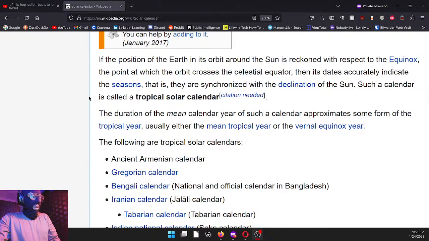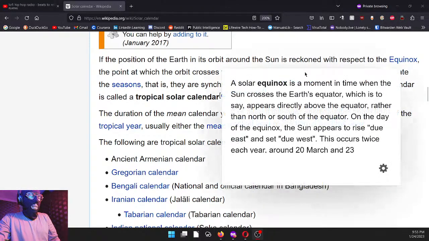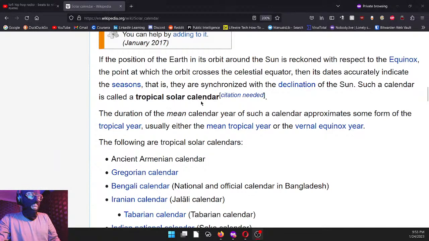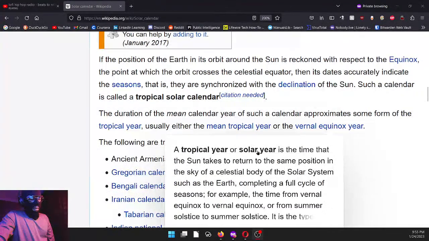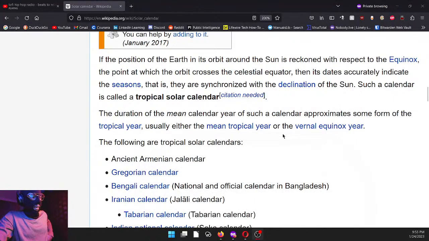If the position of the Earth in orbit around the Sun is reckoned with respect to the equinox, then it is a tropical solar calendar. Yeah, I already got that. The duration of the mean calendar year of such a calendar approximates some form of the tropical year, usually either the mean tropical year or the vernal equinox year. Alright, so they actually do vary.